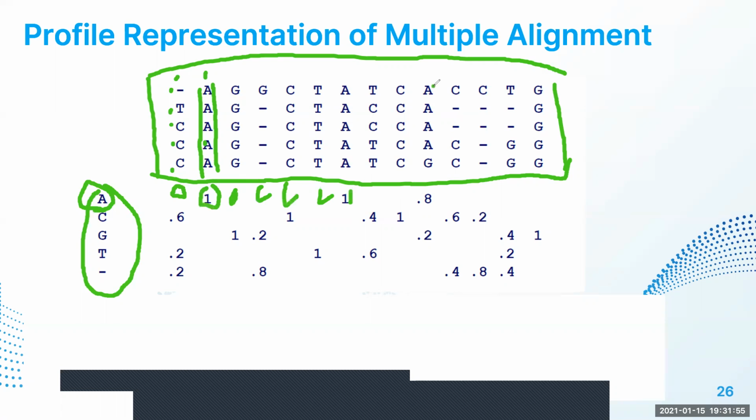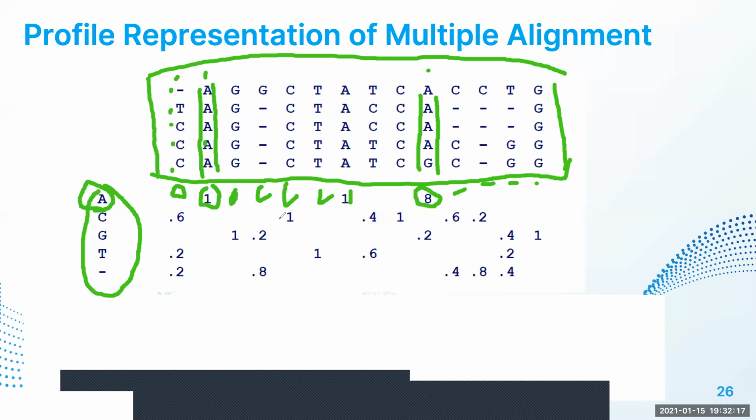For some column, if you find something like this, you can find 4 A's in this column. That means the probability of A occurring at this column is 0.8. Like that, you can generate some probabilities.